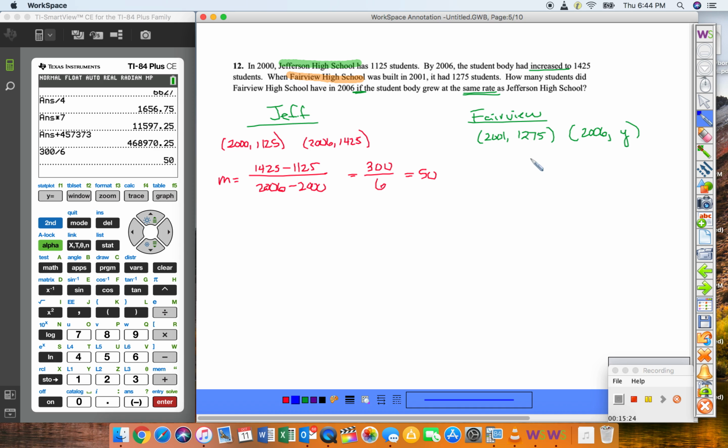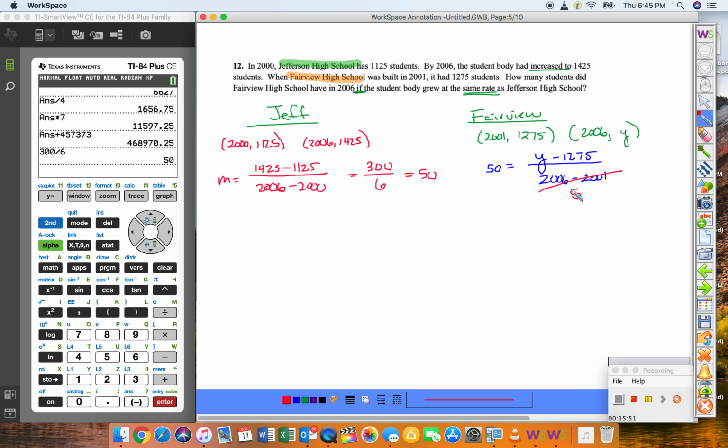Well, Fairview is supposed to do the same thing. Since we know the slope and we're missing one of the ingredients, we're going to substitute into the slope formula. I'm going to start with the slope, which they're supposed to be 50 because they had the same rate, and that should equal y2 minus y1 over x2 minus x1, 2001. So then do a little bit of cleanup.